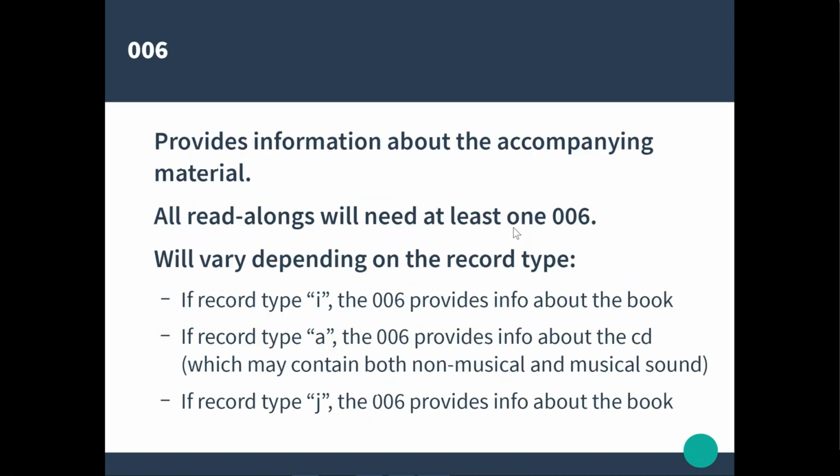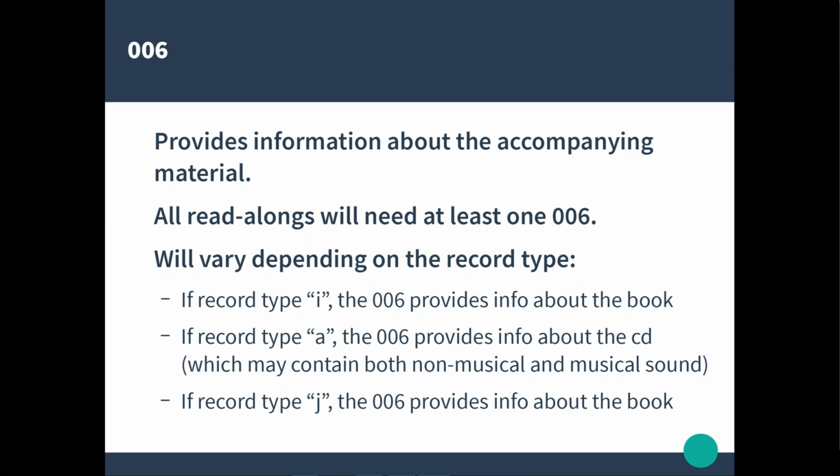So the 006, I don't know how familiar everyone is with the 006. Again, the 008 is going to be automatically generated, so it will be there. What the 008 is doing is providing information about what has been determined to be the primary component of that item.